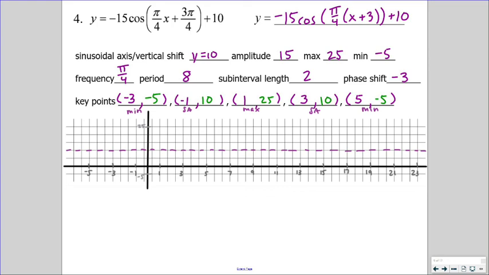So we're graphing the reflection of cosine starting at our phase shift, which is -3. So the reflection of cosine always starts at its minimum. We're starting there at the phase shift, and then I'm going to follow the order of key points. So then we're at axis, max, axis, min, and then I will continue that pattern.